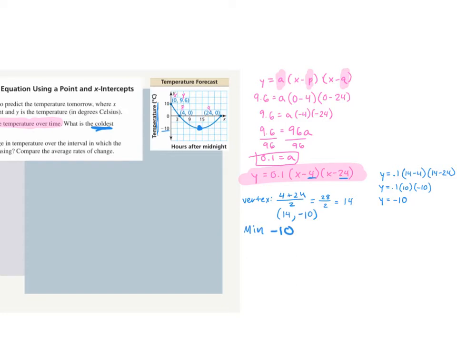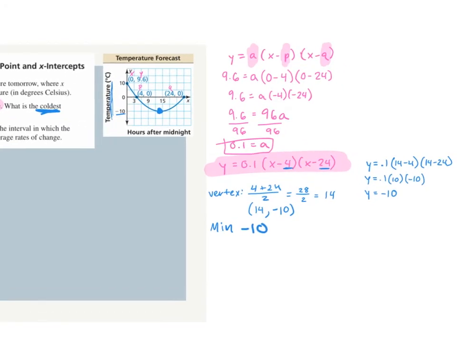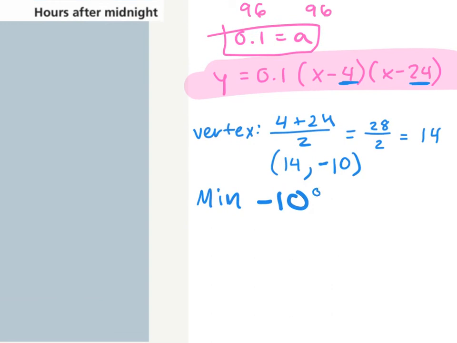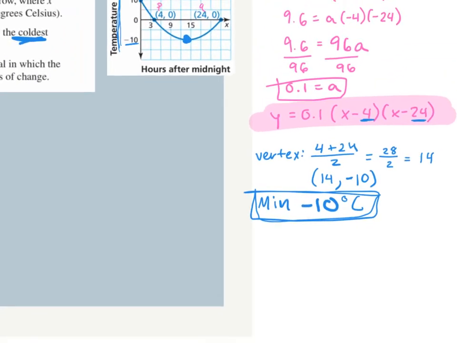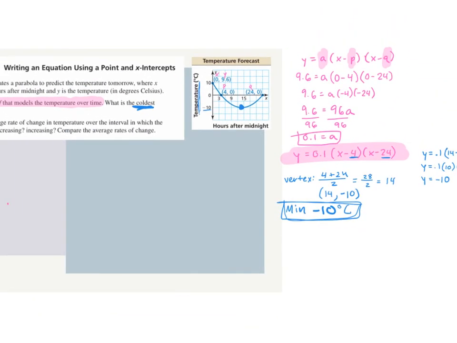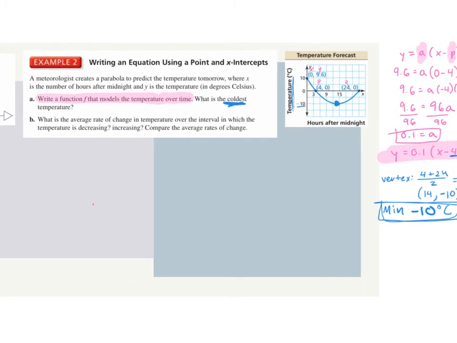And to be more precise, we would put negative 10 degrees Celsius, just so we see that we're talking about the temperature. So our coldest temperature is negative 10 degrees Celsius. So that answers part A.